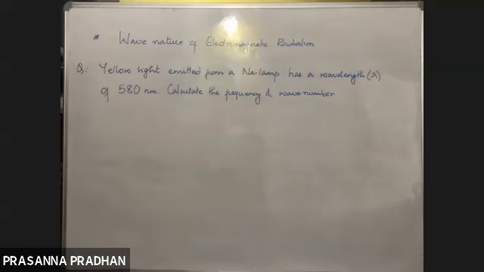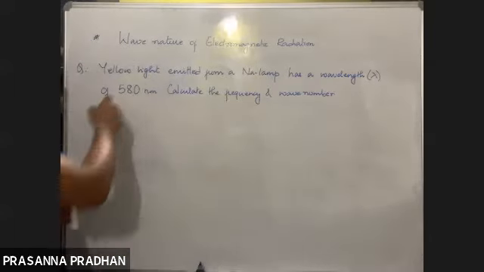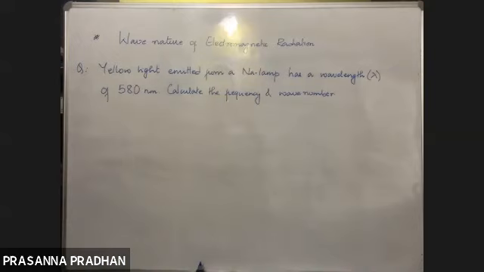So how are you going to do this? Yellow light emitted from a sodium lamp has a wavelength of 580 nanometer. Calculate the frequency and wave number. The unit is given in nanometer, it's not a problem. How will you calculate the frequency?